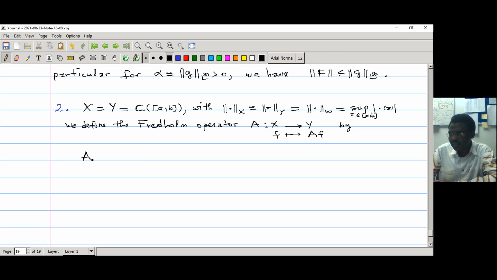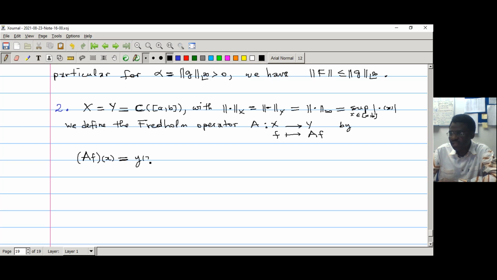Af at a particular point x is an integral. It's a bit similar to the previous one, but a bit different. Instead of taking x, we can use t. I want to keep the notation. So this is y of x, or y of t.